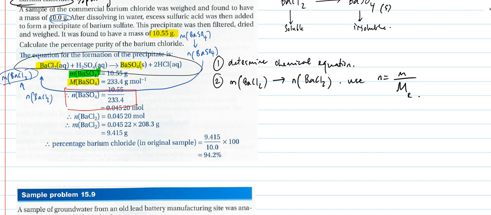So they work out the number of moles of barium sulfate first, and then with that they do the stoichiometric ratio. Sorry, I've been writing this wrong. So they work out, from the mass of barium sulfate, the number of moles of barium sulfate, and then from the number of moles of barium sulfate, they work out the number of moles of barium chloride. Apologies.